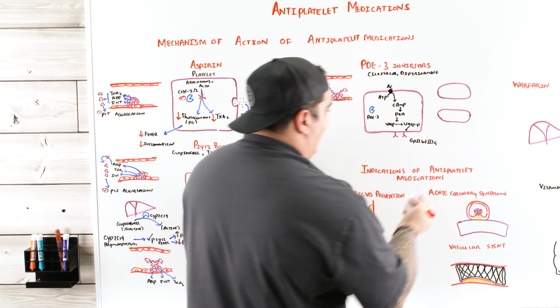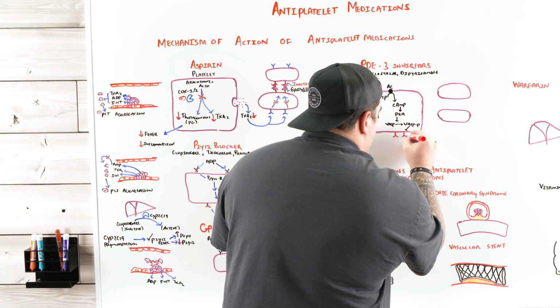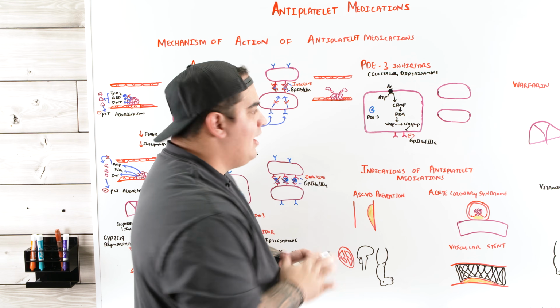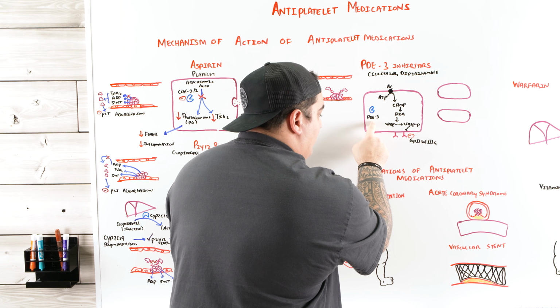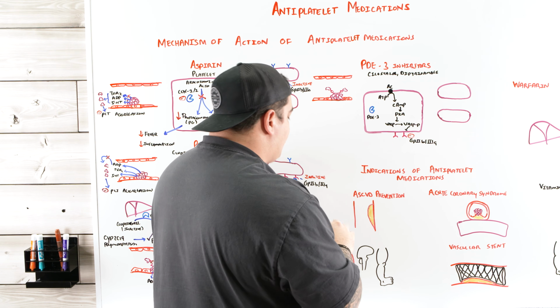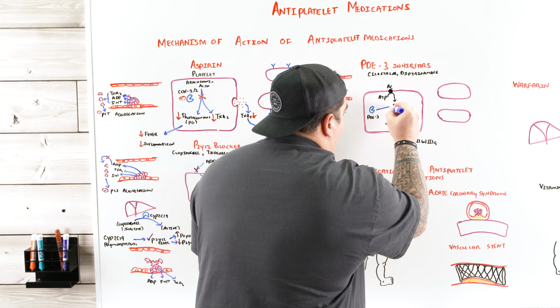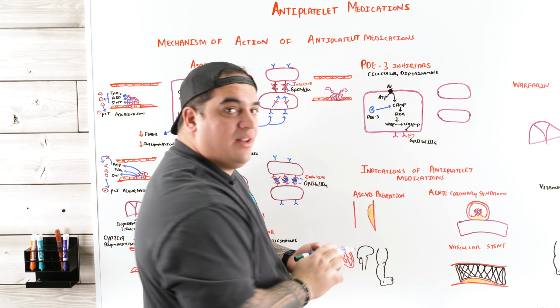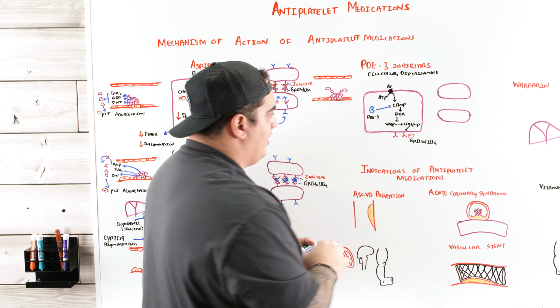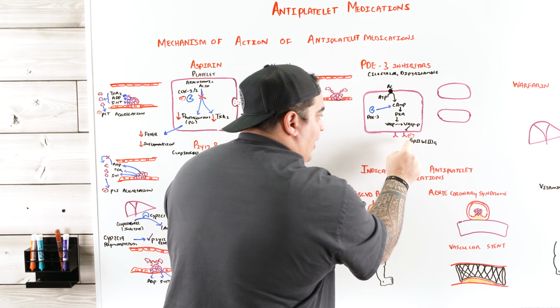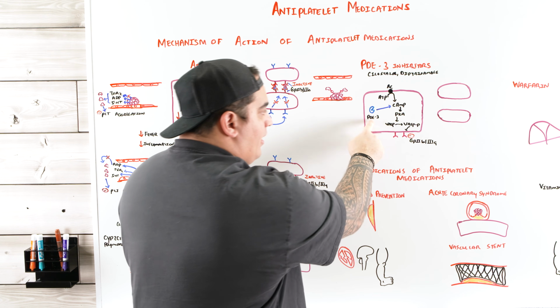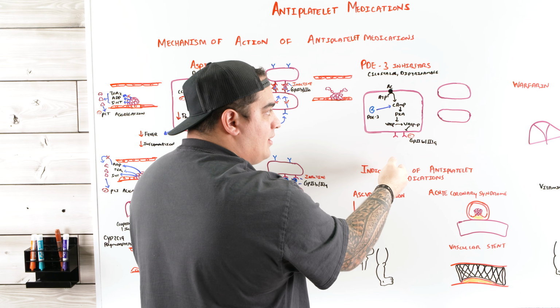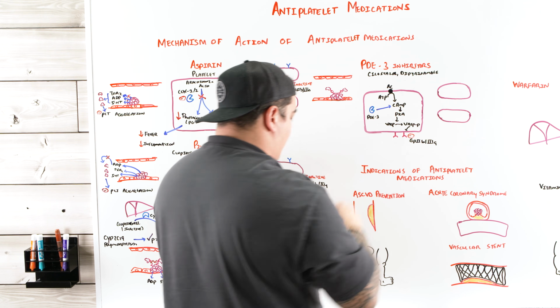We'll use a negative sign here, that it keeps it slightly inhibited, all right? PDE3 actually works here, and what it does is it degrades cyclic AMP. So now think about this. This pathway normally is trying to inhibit GP IIb/IIIa. This enzyme keeps your checks and balances, so it inhibits cyclic AMP.